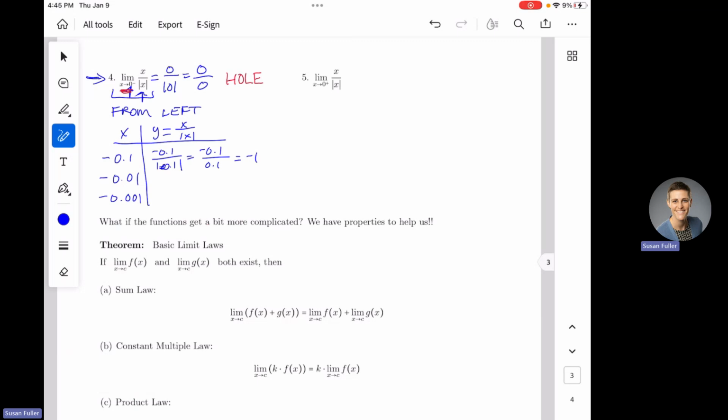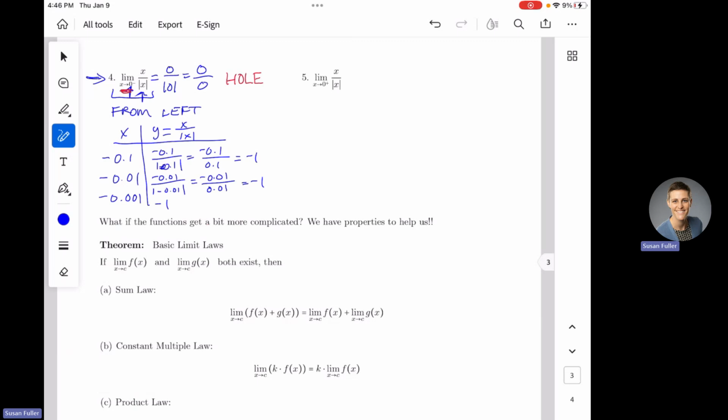If I go negative 0.01, on top I'm going to have negative 0.01. On the bottom, I'm going to have the absolute value of negative 0.01, and I'm going to get negative 0.01 over positive 0.01, and I'm going to get negative 1. And you can see where this is going. The same thing's going to happen with negative 0.001. I'm going to get negative 1.